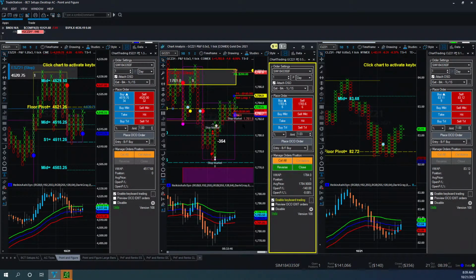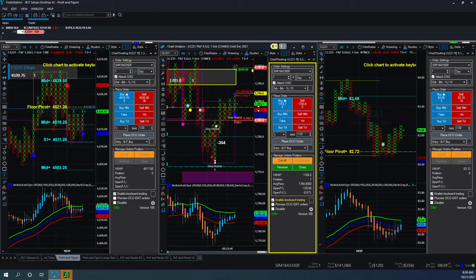I'm going to respect the rule again in here to give more room. It's back in the range though. $120 down.